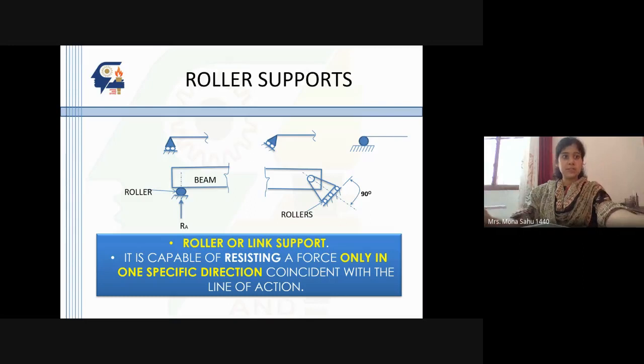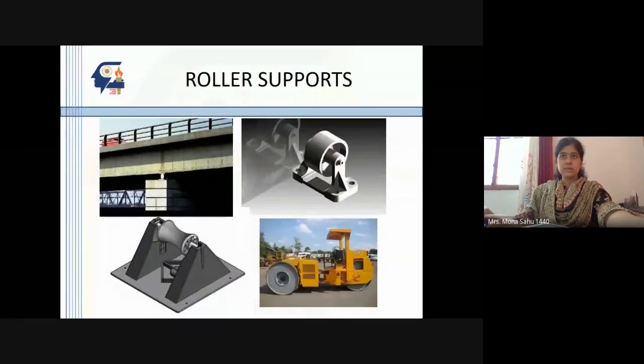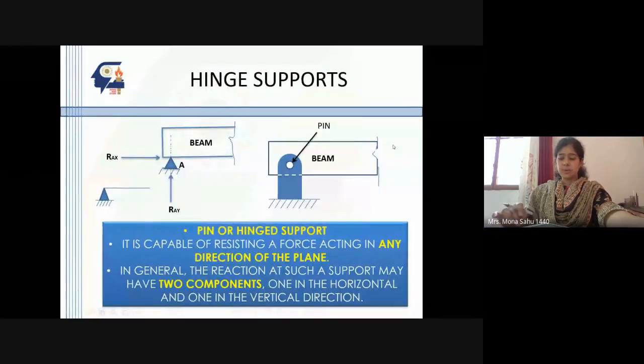That's why in the slide it is towards the body, and there's no reaction force in the horizontal direction because it is moving. It's not restricted. Okay, understood? Can we go to the next support? These are some examples of a roller support. Here also it's a roller support.